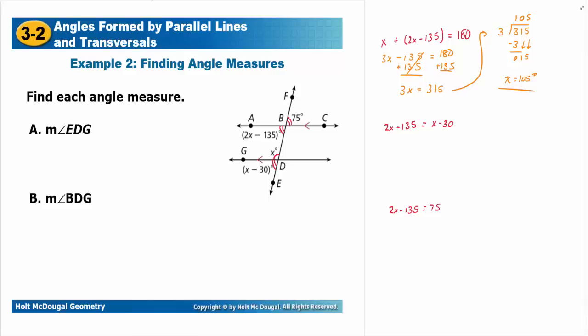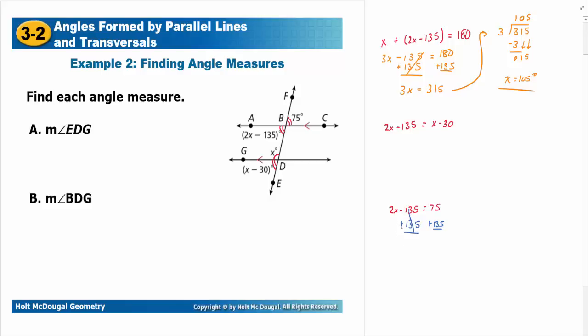I'm going to come down here and I will do this one right here on the bottom, and I should get the same answer. So here I'm going to add 135 to both sides. If you happen to hear a baby crying in the background, that's my daughter. She's trying to go to bed, so don't mind that.